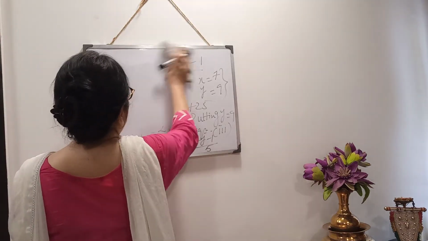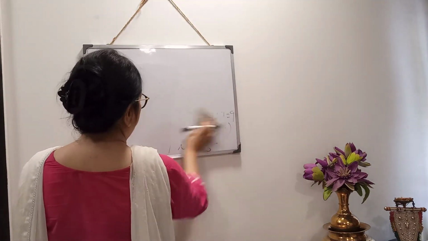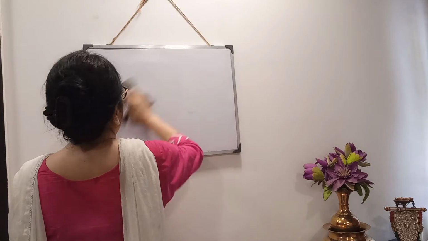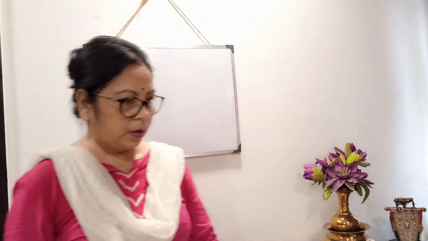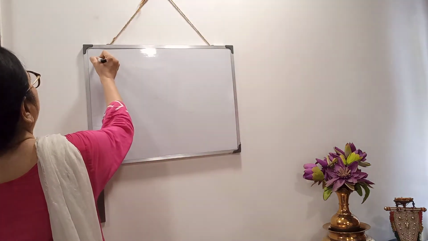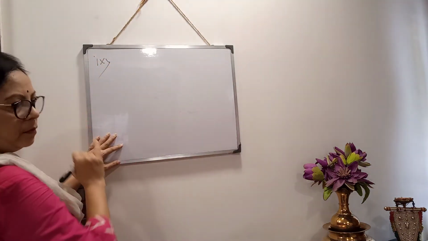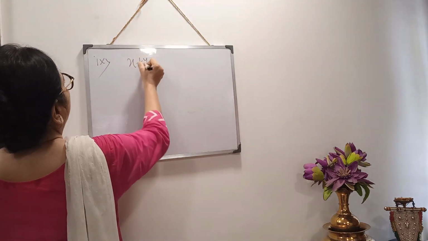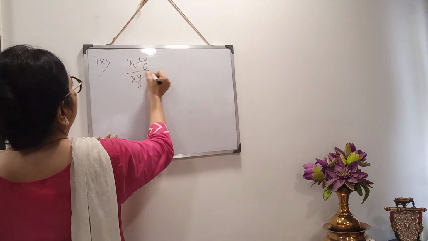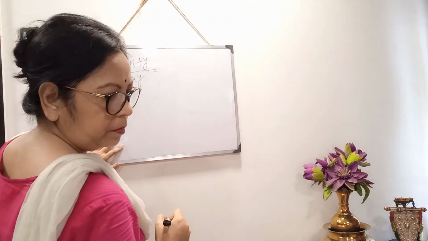Now if the equation is given in this way, if the form of the equation is this, number 9, (x plus y) by xy equals 2.